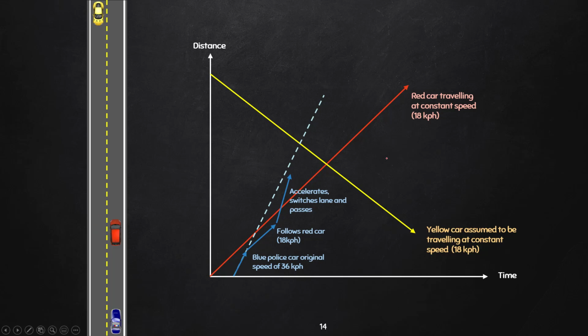After that, it will continue with its original speed of 36 kph. So it is shown here in this animation. I don't know if you saw that. That is what happens in passing distances.